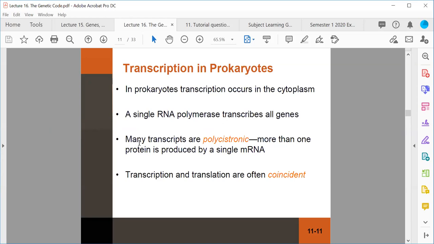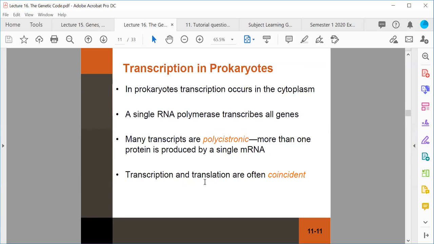And the transcripts that are produced, many of them are said to be polycistronic. That is, more than one protein is produced by a single messenger RNA molecule. That's very different to what happens in eukaryotes.